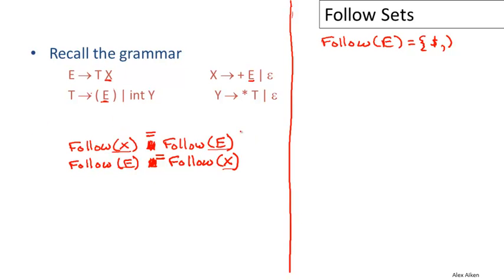We can't learn anything more about what is in the follow sets of E and X. We're not forced to add anything else to either set. And so we're done, and we can close off this set. We know that the follow of E consists of $ and close paren, and we also know that X has the same follow set. All right, so now let's move on to the follow of T.